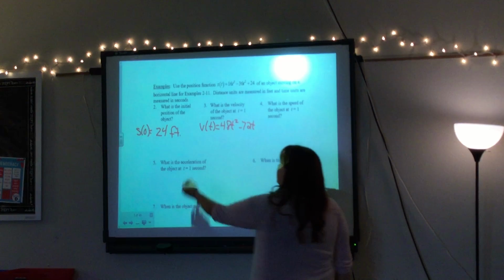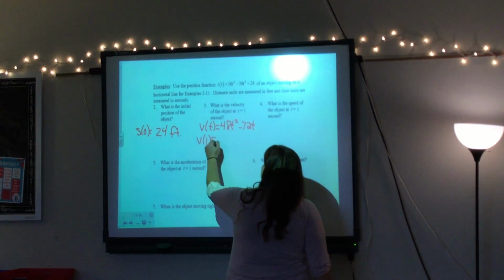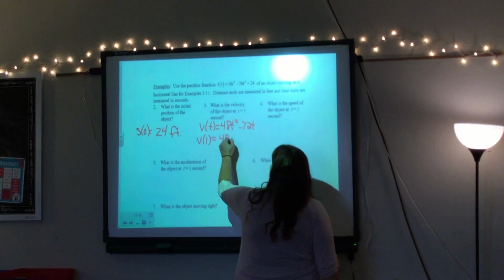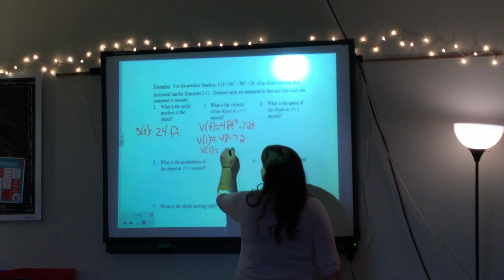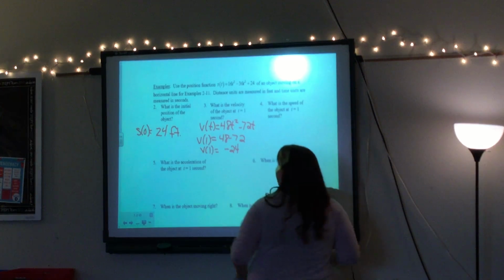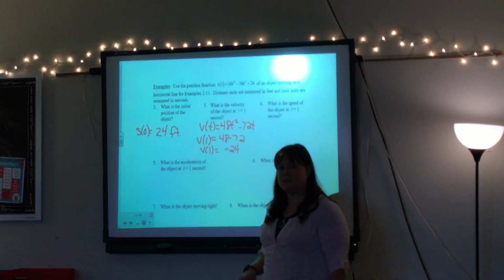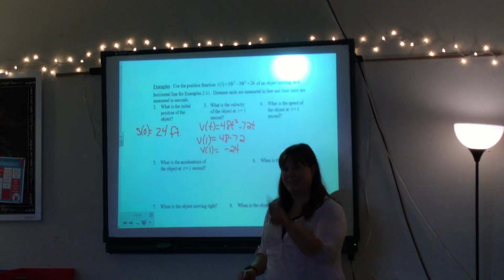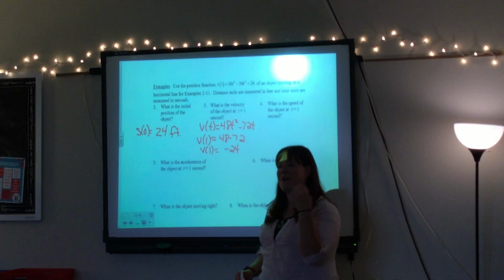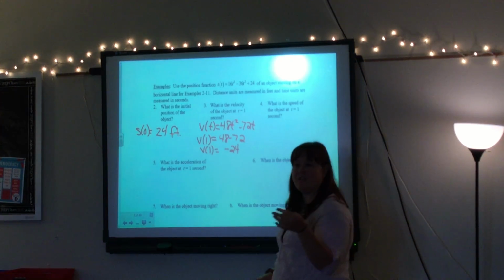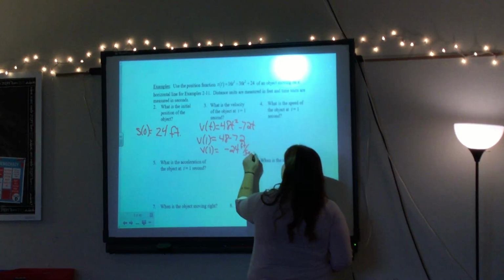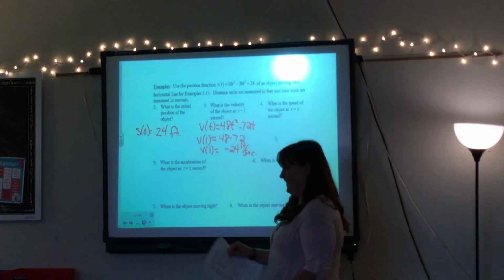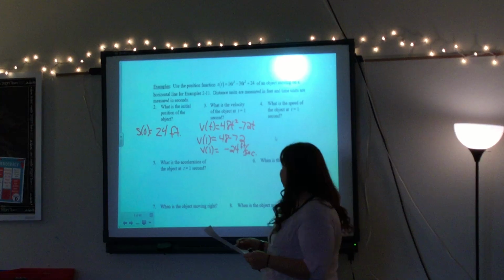So v of 1 equals 48 minus 72, which is negative 24. And then what are my units? Feet per second. We're talking about velocity, how many feet per second. That's how much it's changing. That's my velocity.